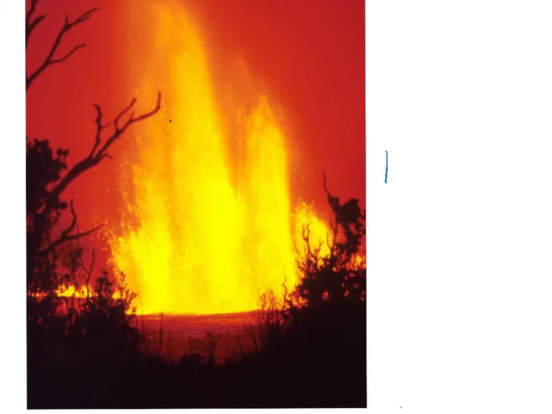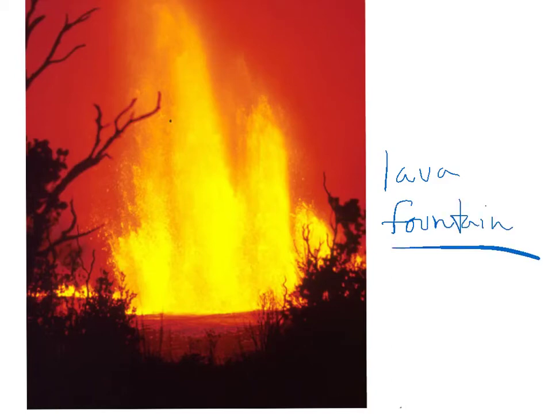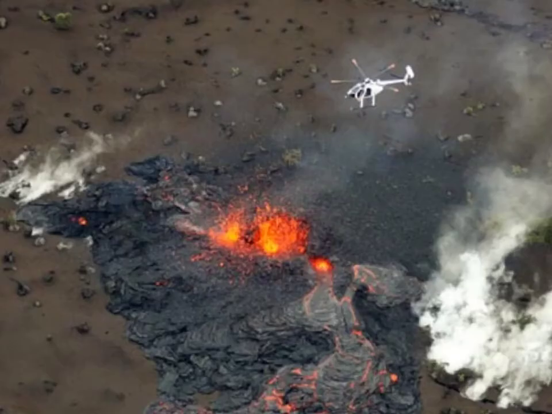Here, what you've got is what we call a lava fountain. And again, you're going to see lava very fluid, and it flows very easily. Here's another picture. You see the lava here, and the dark rock around this is lava that is spreading out and cooling as it goes. This is in Hawaii.